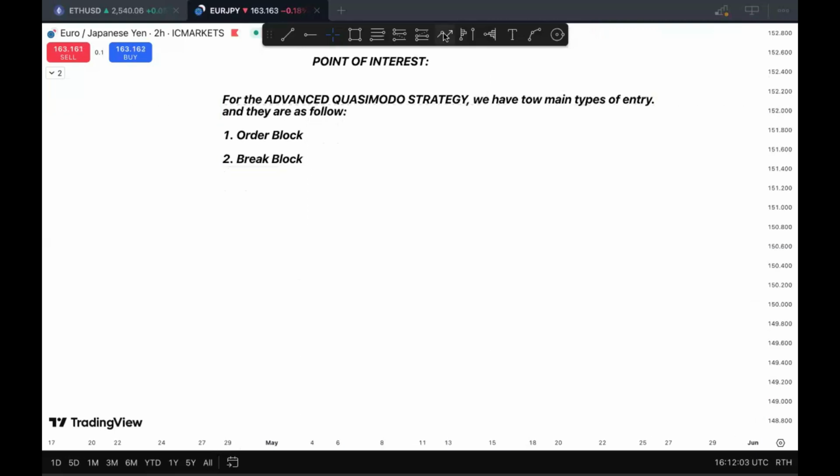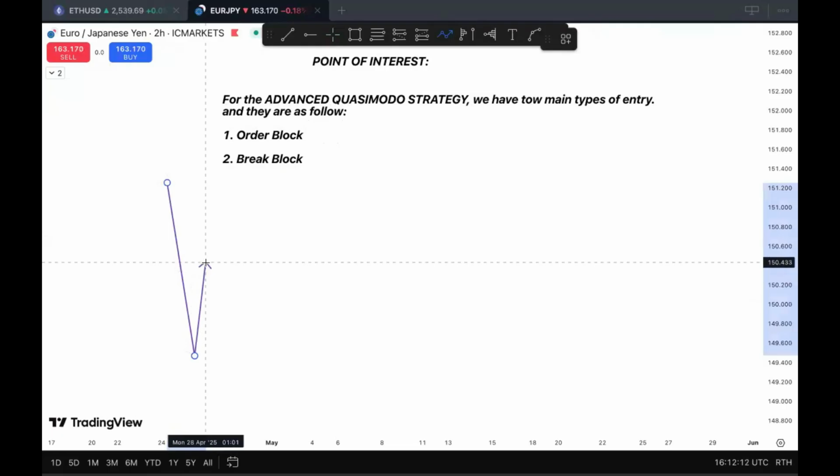So let's say we have our structure for a buy. This is our structure for a buy.